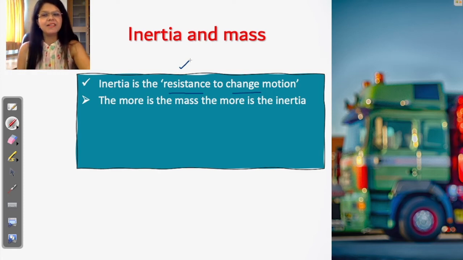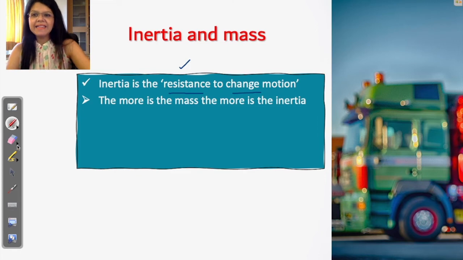For example, if I'm sitting here, I am too lazy and I do not want to move. So this is called resistance. You do not want to change your motion. And an important point to understand: more is the mass, more is the inertia.